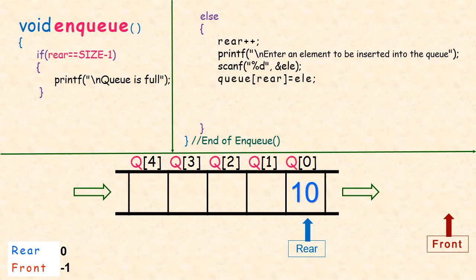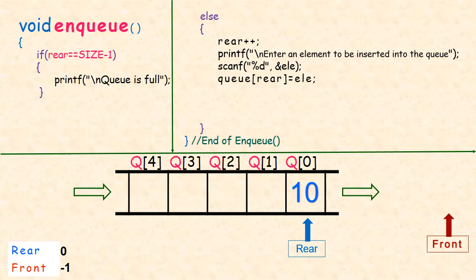Now let us proceed with further things. See here, what is the value of front here? -1. What does it mean? Previously there is no element in the queue before this operation, which means the queue is empty. When the queue is empty, front value will be -1. But when we insert the first element into the queue, both front and rear will point to the same location, same value.